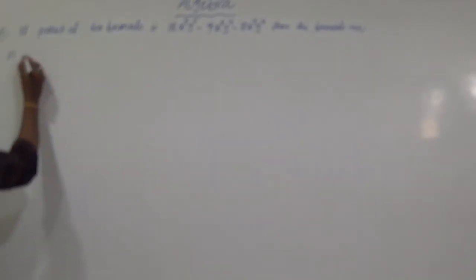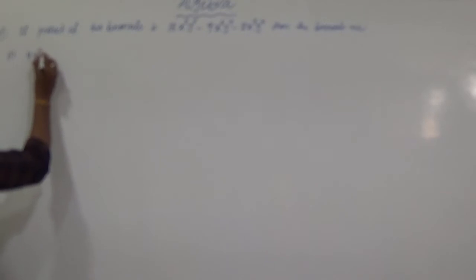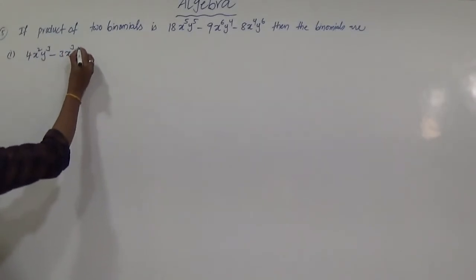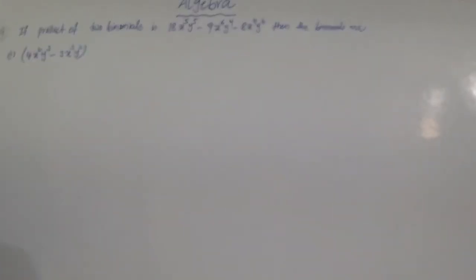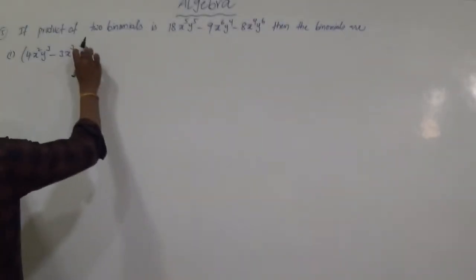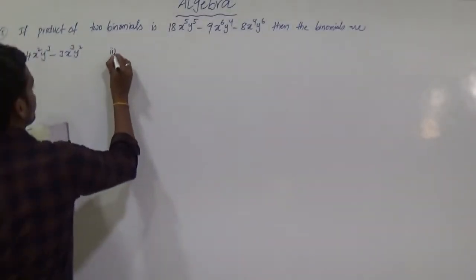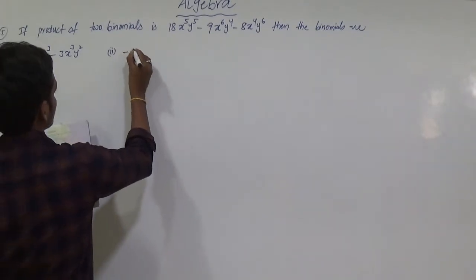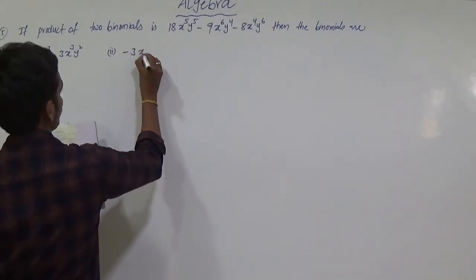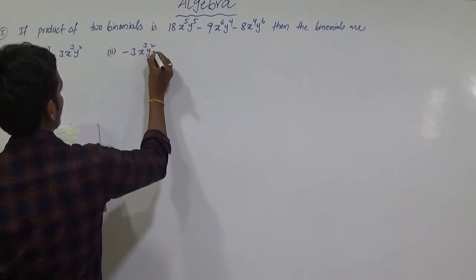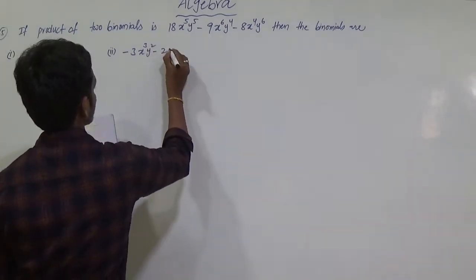The first one is 4x²y³ − 3x³y². 4x²y³ − 3x³y². And the second option is −3x³y² − 2x²y³.